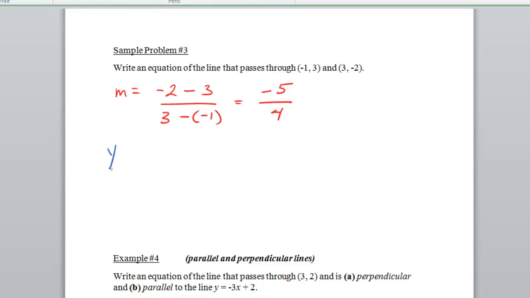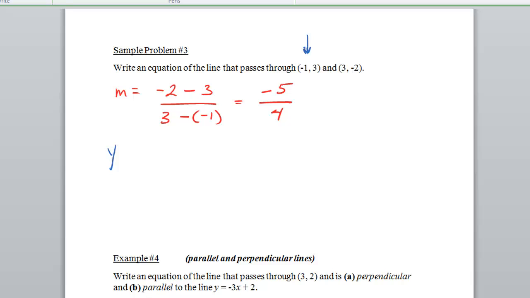Now I'm going to use the point slope form to write the equation of my line. Now it does not matter which particular point I use. Just so happens that I'm going to pick this first point, for no particular reason, to be honest with you.